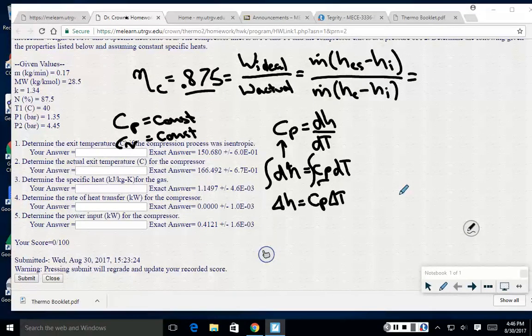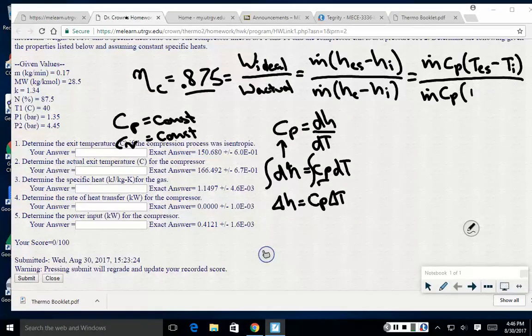So bringing that up to this equation, I get m dot Cp (T exit for the ideal, isentropic case minus T inlet) divided by m dot Cp (the actual exit temperature with the isentropic efficiency minus the initial, or inlet, temperature).